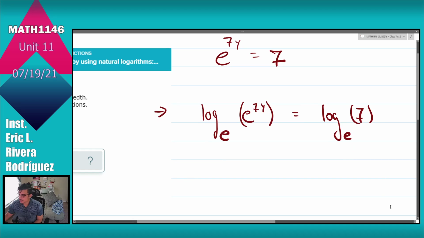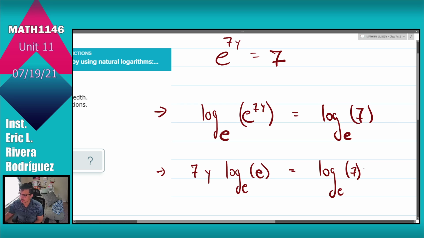Doing so, two things happen. The first thing that happened is that the exponent now turns into a factor of this logarithmic function. Right?